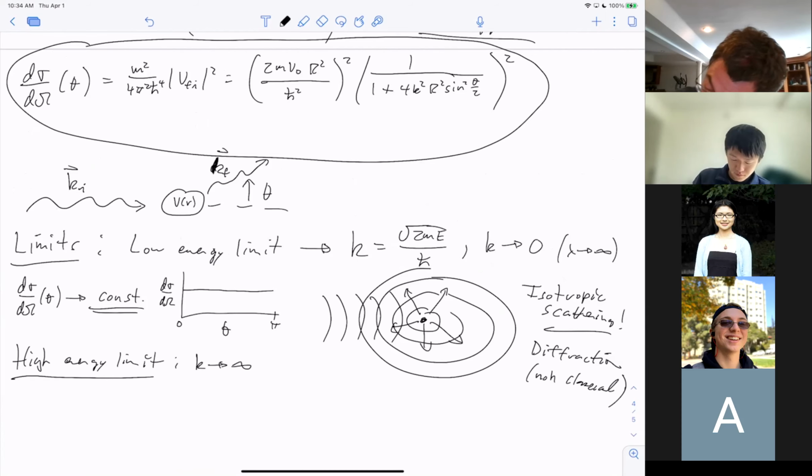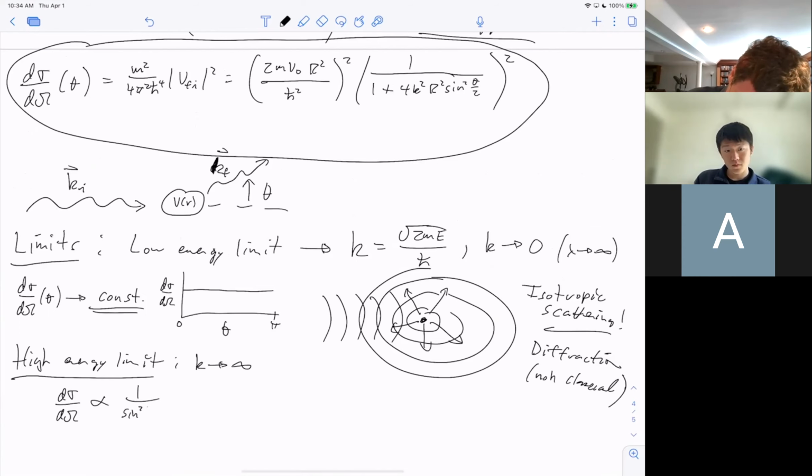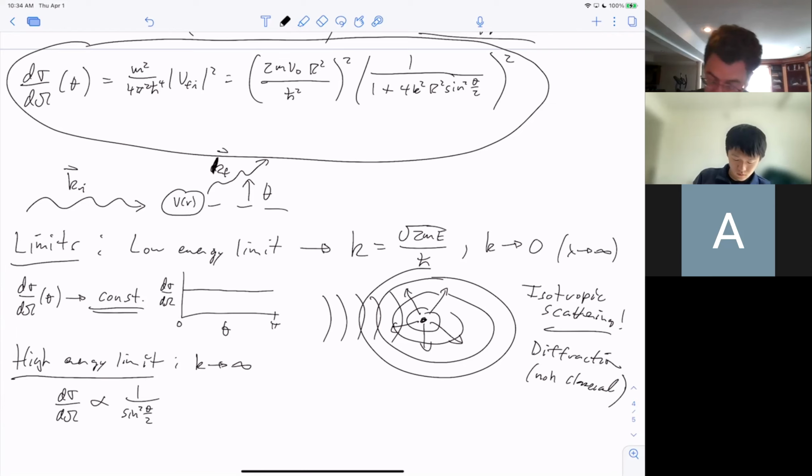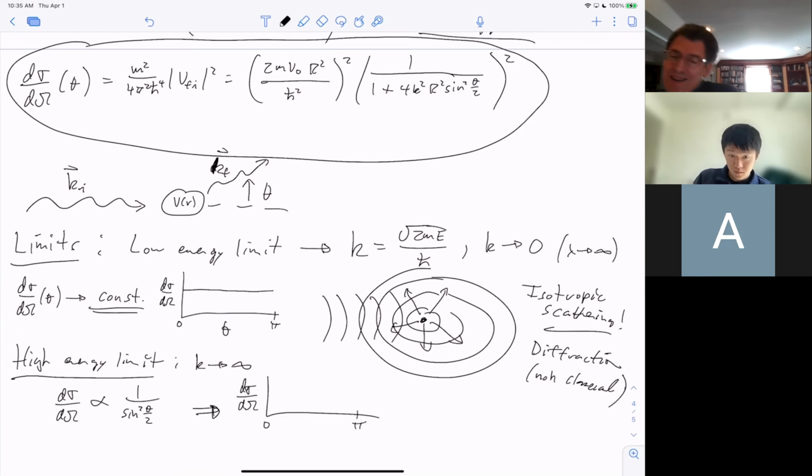And so now you see that basically what's going to happen is that the d sigma d omega is going to be proportional to 1 over sine squared theta over 2 when you look at that formula. And so now when I plot d sigma d omega from 0 to pi, it's highly peaked where?